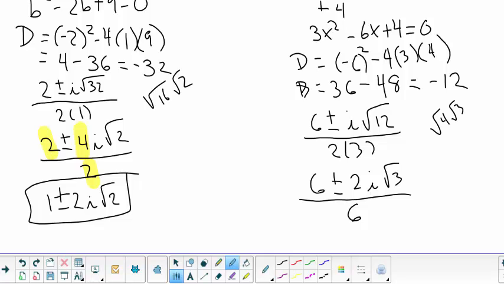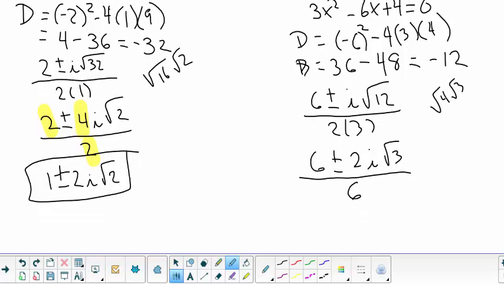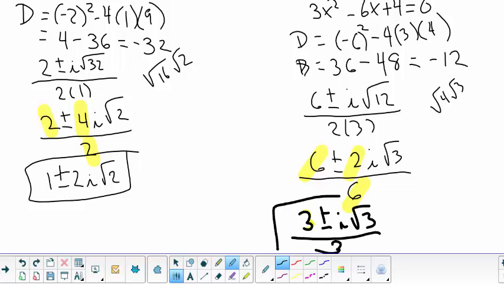And again, notice we have that common factor of 2, right here, here, and here. So we can divide everything by 2. We'd end up with 3 plus and minus i radical 3 all over 3. And we are done.